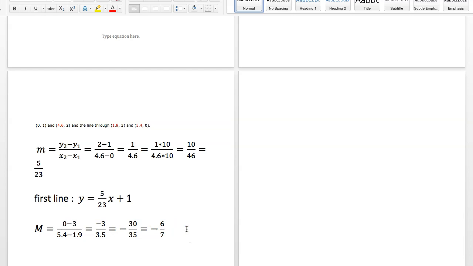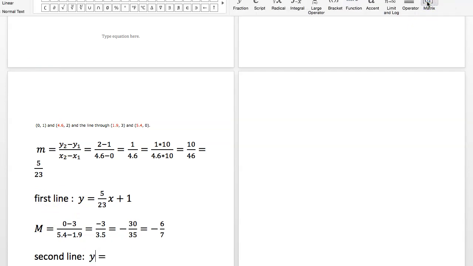Wow, okay. So for my second line, I get y equals negative 6/7 x, but I don't have my y-intercept, do I?